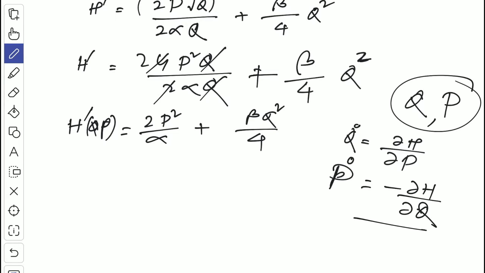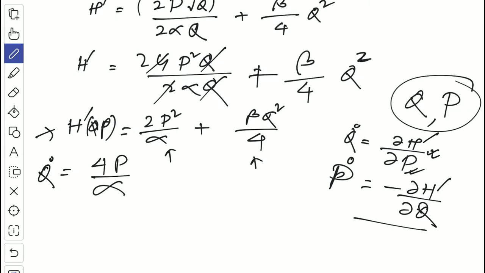So remember this formula. If you differentiate this H dash with respect to capital P, then you will get Q dot is equal to 4 capital P by alpha. This is a function of P only, and this is a function of capital Q. So that's why P dot will be minus beta Q by 2.